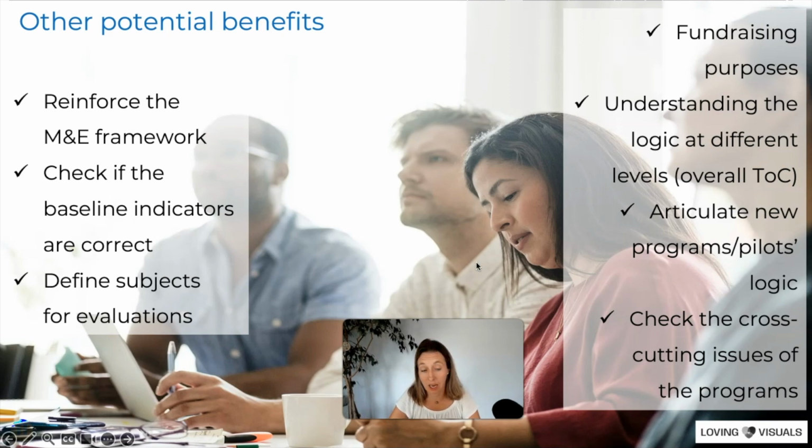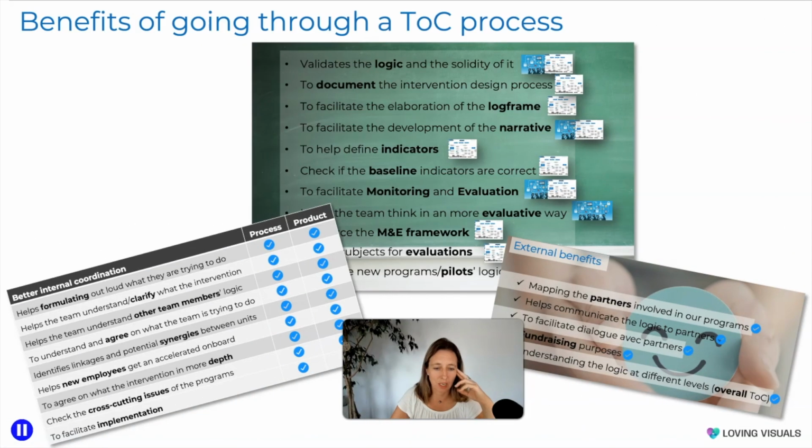It can help design new programs or new pilots, and it can also help us check if the cross-cutting issues that we don't want to forget, like being gender-focused or equity-focused or climate change-focused or environment-focused, or any other thing, are consistent across our activities or not so much. So yeah, remember that in the first module we saw internal and external benefits, and also for the monitoring and evaluation function.